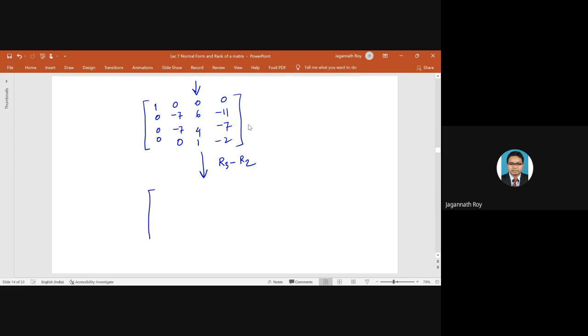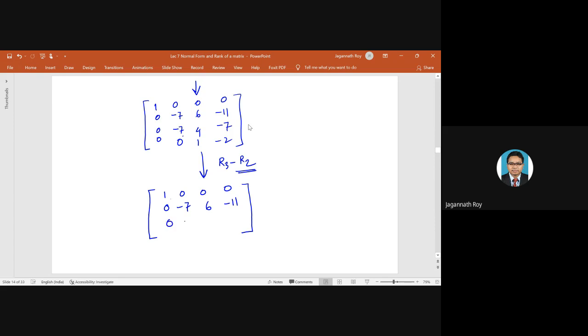So this will give us 1, 0, 0, 0. Remember, if you do row operations, the next matrix you have to write row wise. Otherwise, there will be a mistake. So 0, minus 7. So 6, 11, minus 11. Then this is 0.